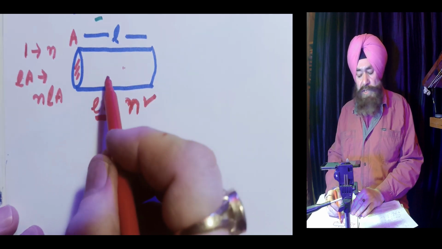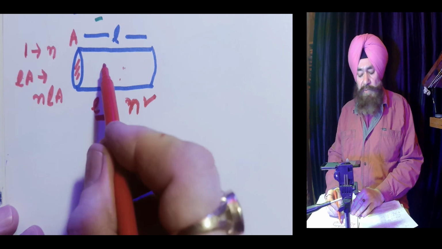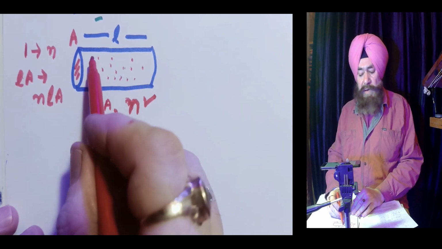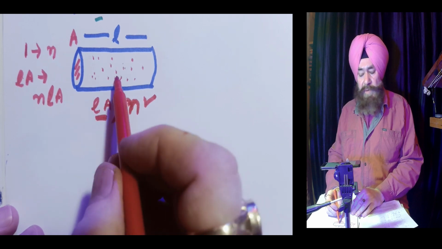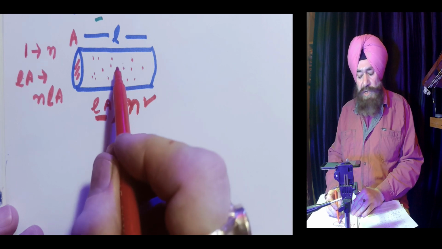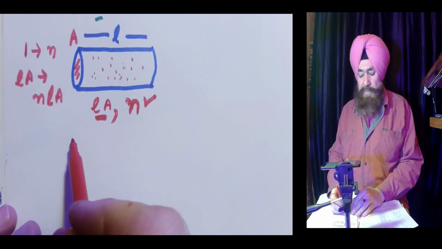Now what is the total free charge? They are free electrons, moving in random directions, and I am interested in finding the charge in this cylindrical conductor.